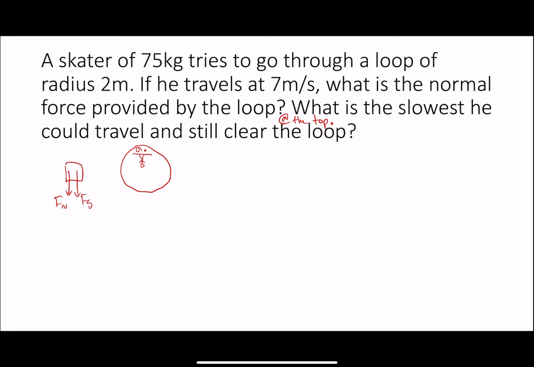And so then, if we rewrite our Newton law, F equals ma, we know the sum of the forces, the normal force plus Fg, is equal to m times a. But what is a? We remember that for this unit, our a is equal to v squared over r. So we're just going to write that instead. And again, we have this equation that I showed you last time. The normal force plus Fg is equal to mv squared over r.